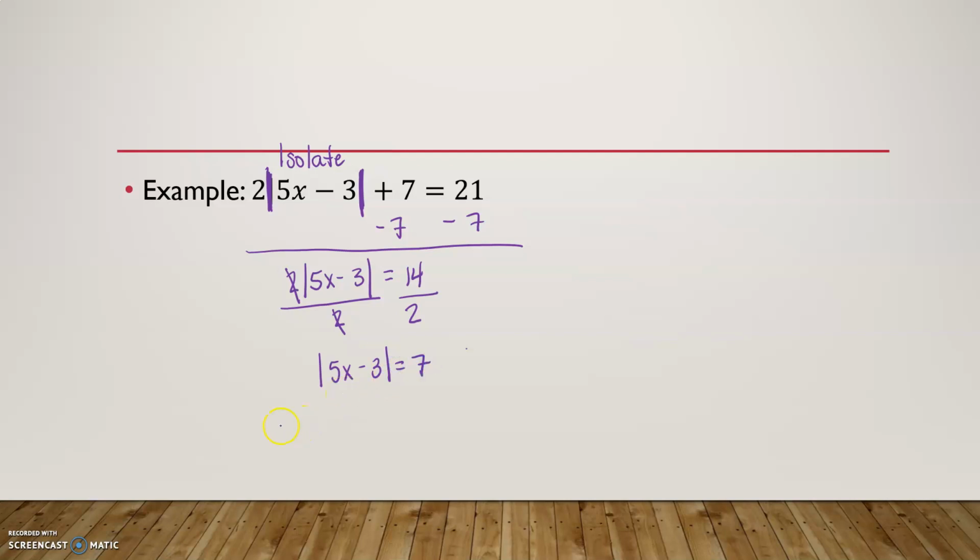Once I get to this point, when the absolute value bars are isolated, I'm going to drop the bars and I'm going to write it twice.